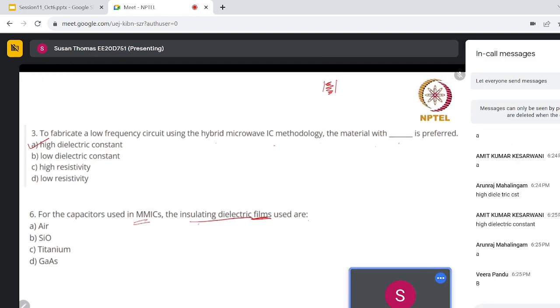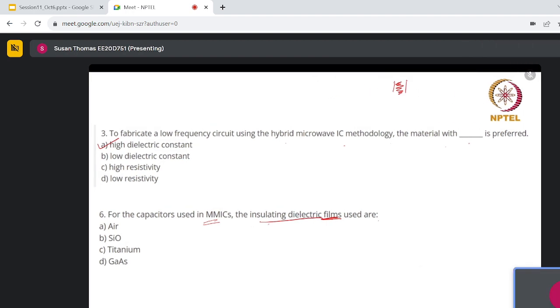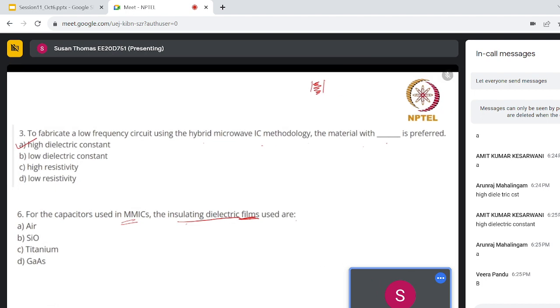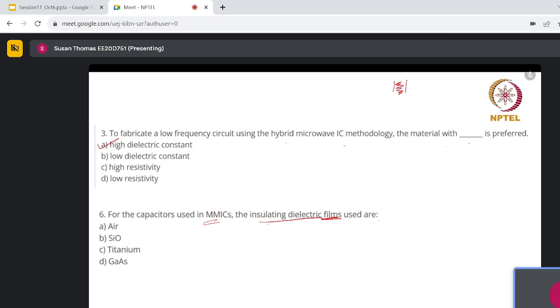So, what is that option? Do you think? Remember, it should be an insulator and a dielectric film. It should be an insulating material. That's the key point here, which is very clear.